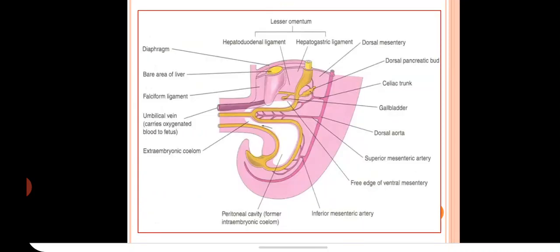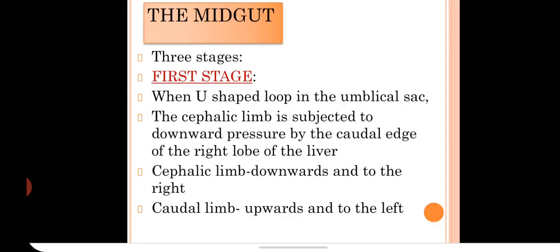This is how the U-shaped midgut loop, which is pressed by the liver, comes out of the coelomic cavity to lie in the extra-embryonic part of the coelomic cavity. When this midgut is lying outside, it starts rotating.